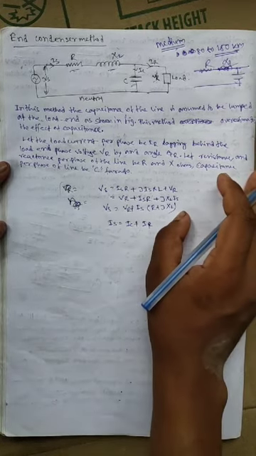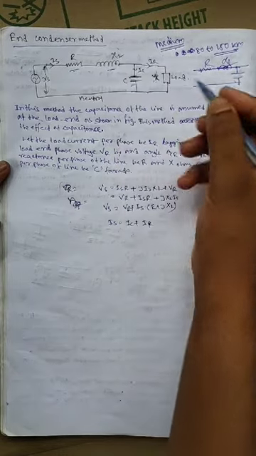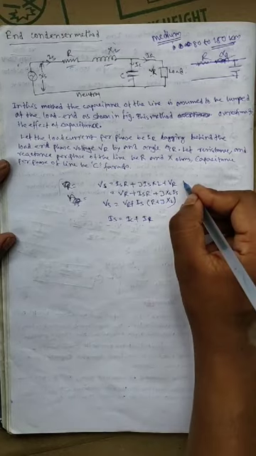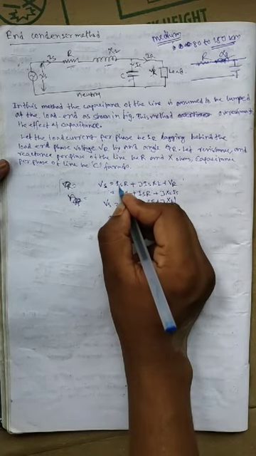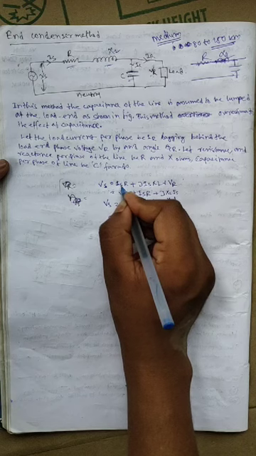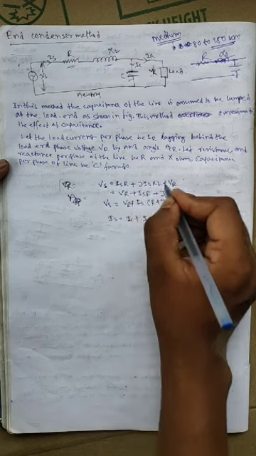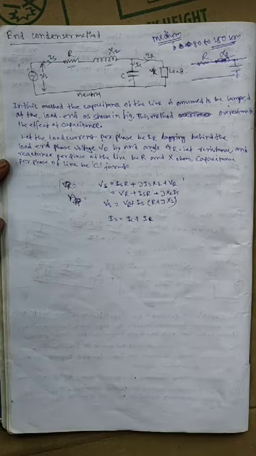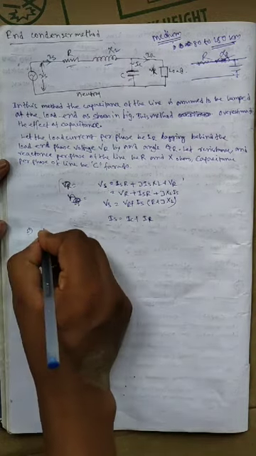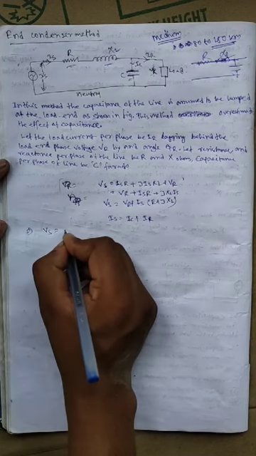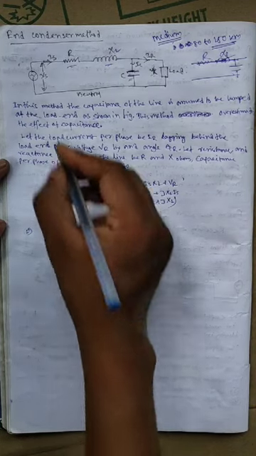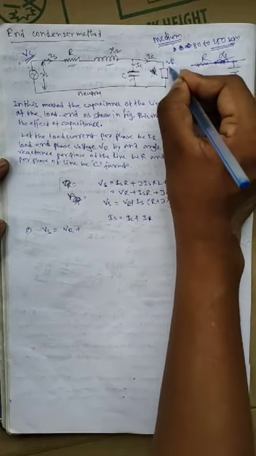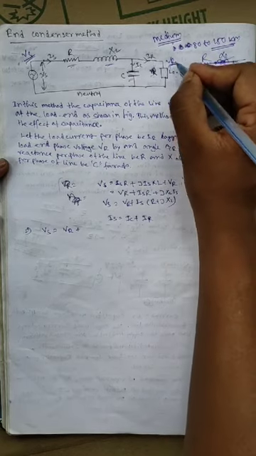If we consider the lump unit and lump capacitor, the sending end voltage Vs is what I am telling you at first. This is the sending end voltage Vs, and we also get VR, the receiving end voltage or load voltage.